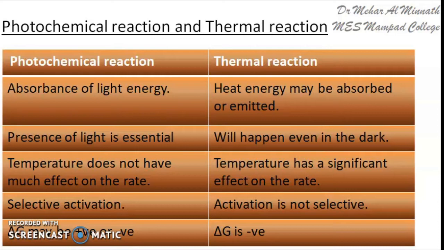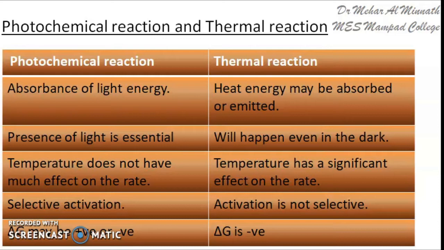Say, for example, in the ozone depletion we mentioned earlier, chlorine free radical is formed from CFC when CFC is exposed to light. And this chlorine free radical reacts with ozone. Ozone is not activated in the presence of light. So it is the CFC which is being activated.